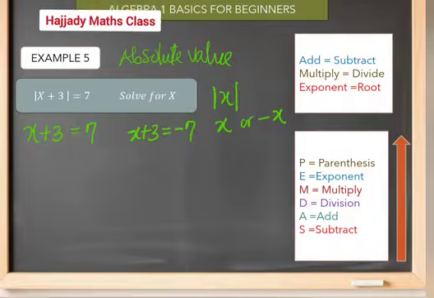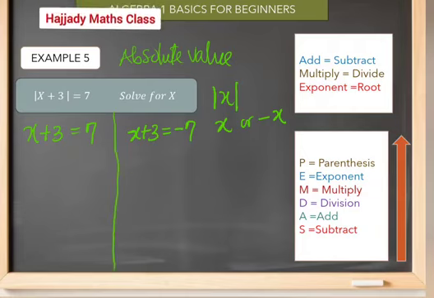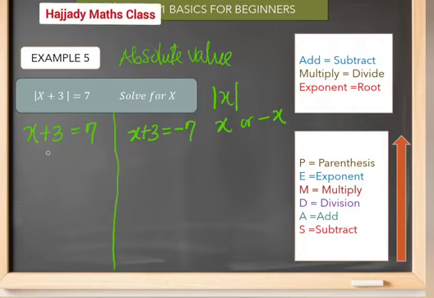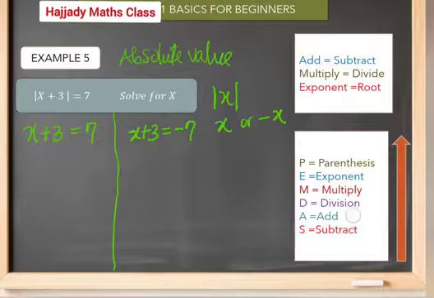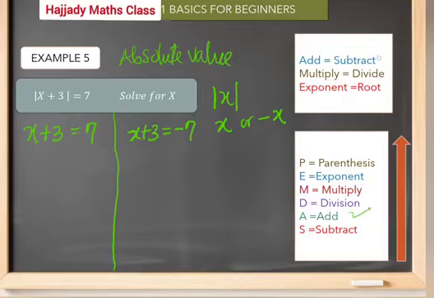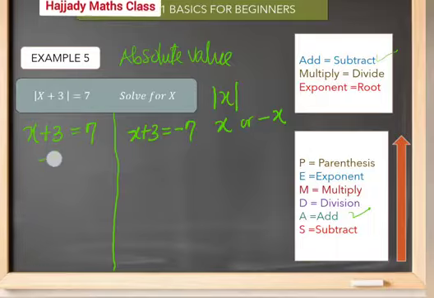This is what it means. Now, to do this, I'm going to divide this into 2 using the same approach. Using PEMDAS, on the left side, here we have the addition. And if you have addition, the inverse is subtraction. That is, subtract 3 from both sides.